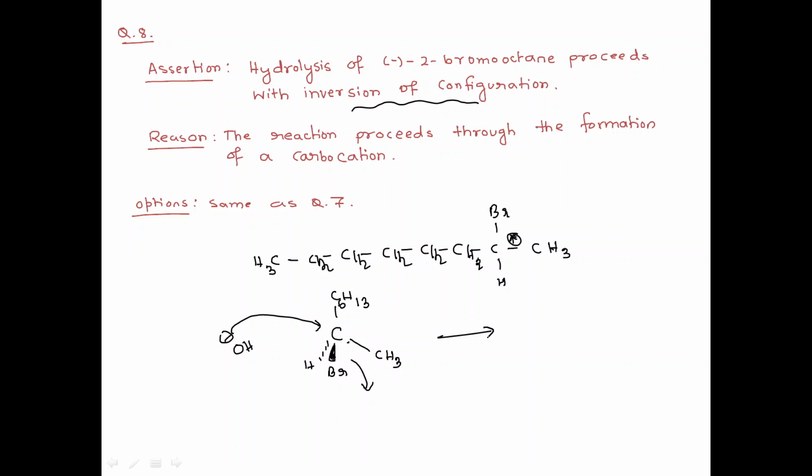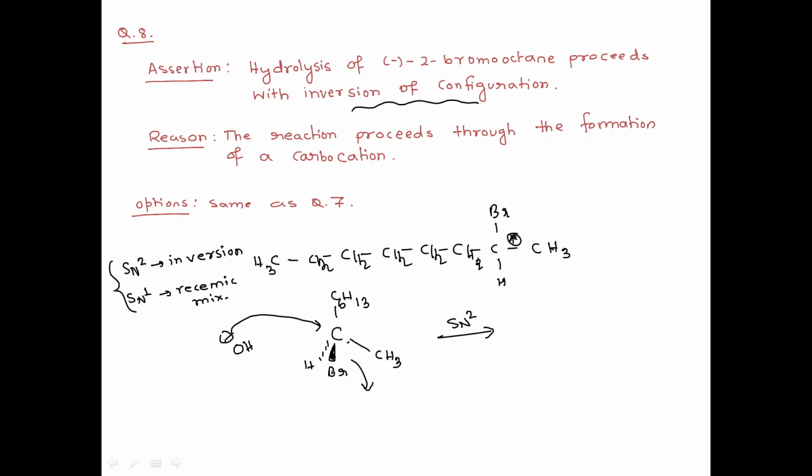If it follows the SN2 pathway, then inversion happens, and if it follows the SN1 pathway, then a racemic mixture forms.